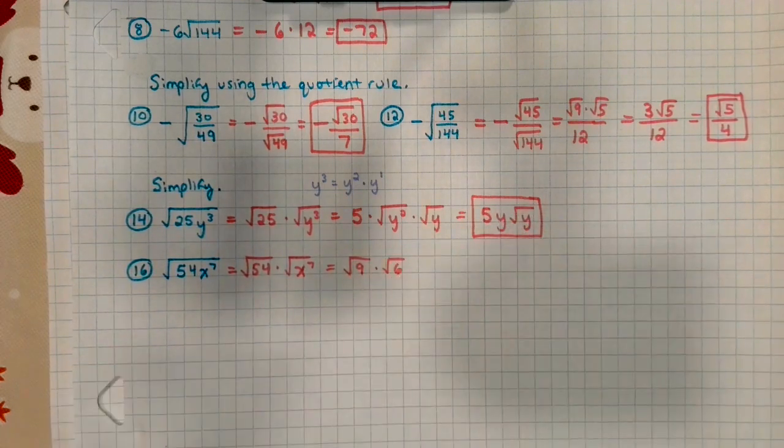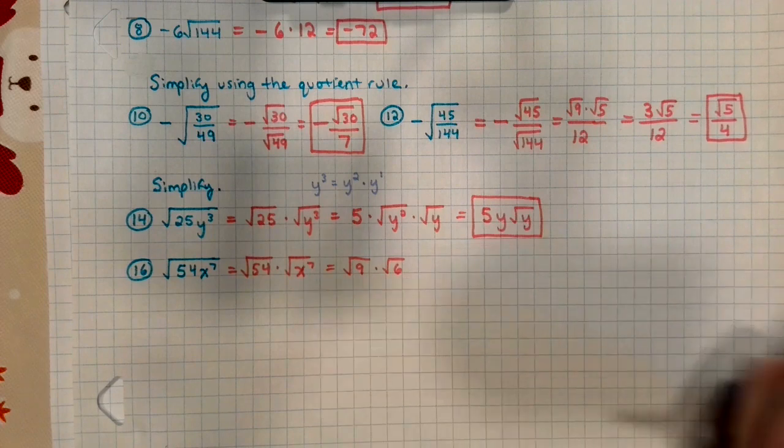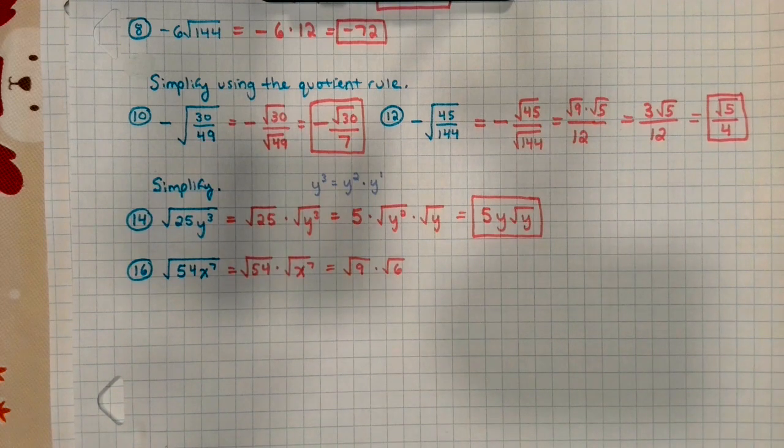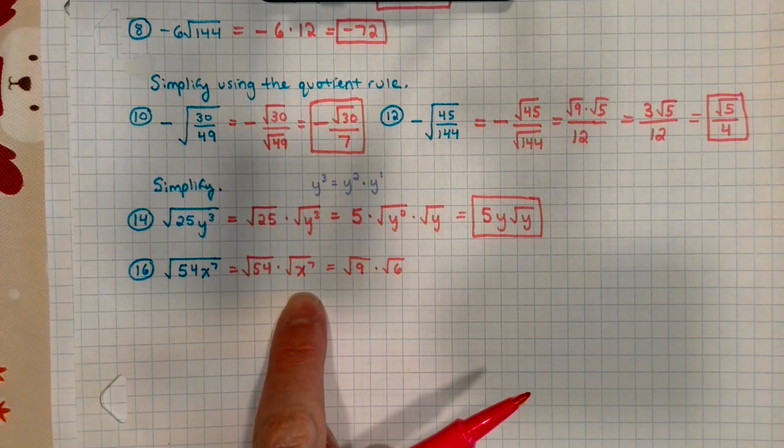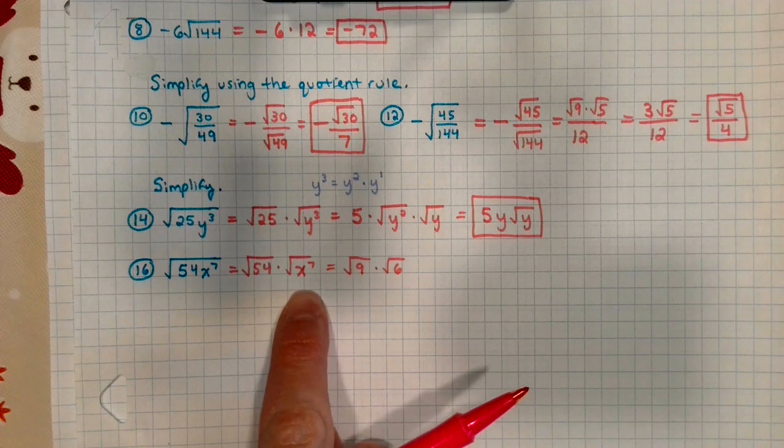And again, the reason we're writing it that way is because the 9 is a perfect square that we can actually take the square root of. And then this x to the 7th, we can't write it as something squared, because no whole number times 2 gives 7. There are going to be some examples where we can, for example, if this was x to the 6th, we could write that as x to the 3rd squared. And then when you take the square root of it, you'd be left with just the x to the 3rd. But we can't do that trick with this one because it's an odd number.